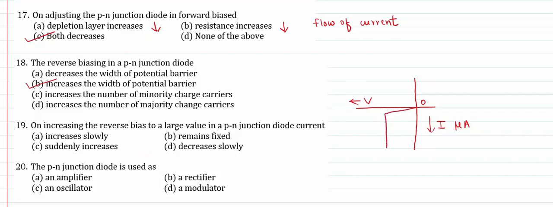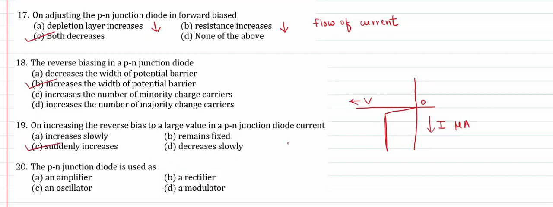So on increasing reverse bias to a large value, if you observe, the current has increased drastically. So current increases slowly, remains fixed, suddenly increases, decreases slowly. Option C is the answer.